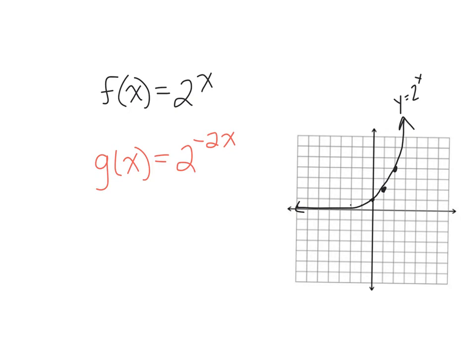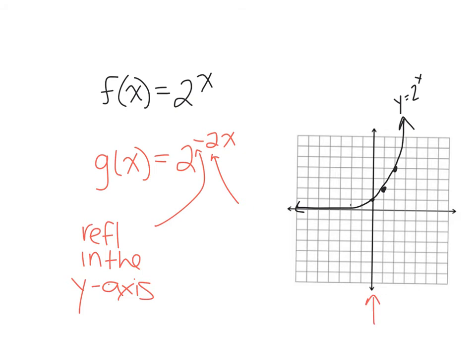2 to the x. Okay, so my red graph, I've got a negative and a 2. Those are both k values. When k is negative, it means we have a reflection in the y-axis, so this axis right here. All of our points actually go on the opposite side of the y-axis. And then this 2 here is a number that's bigger than 1, so I know it's going to be a horizontal compression by a factor of 1 over k, if you remember that.